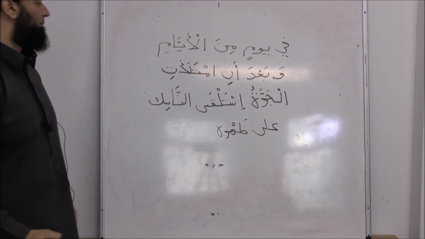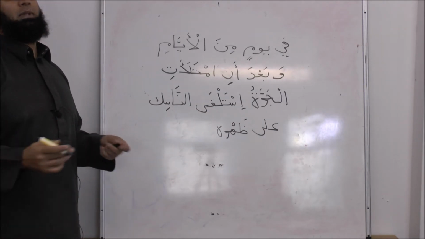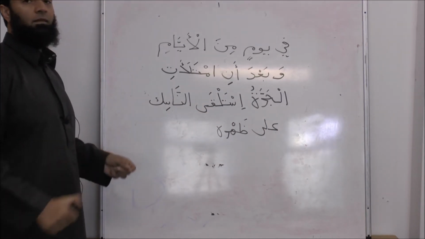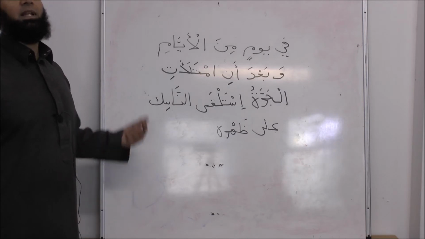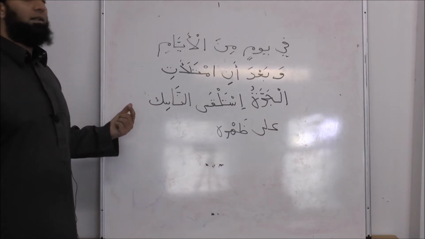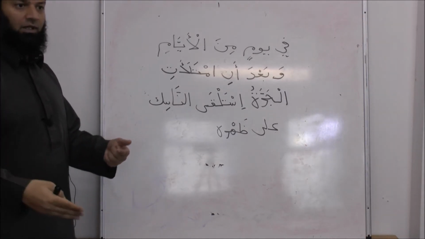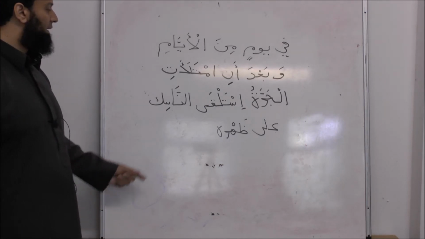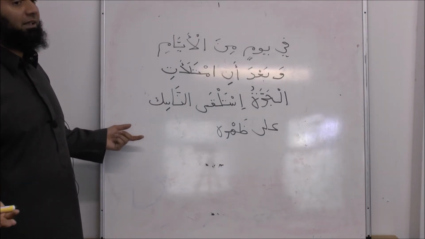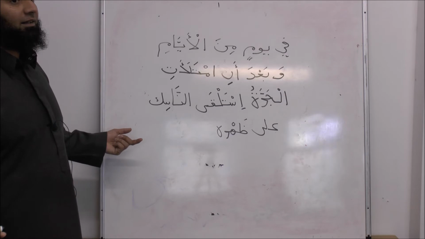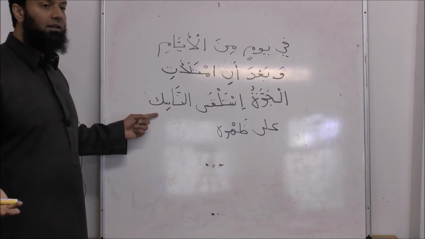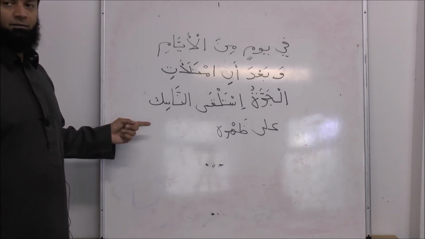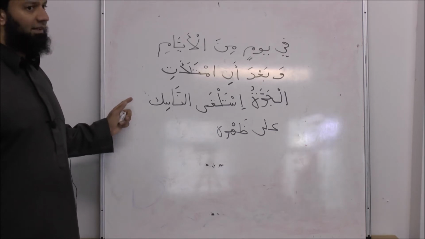What does istalqa mean? He lay down. Who was lying down? The hermit, an-nasik, the same nasik that we know.